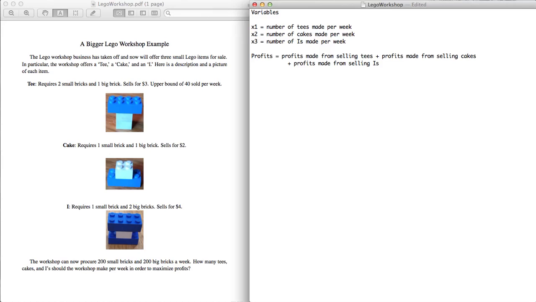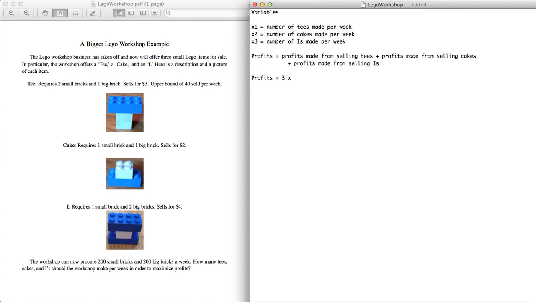Because now, if we look at our decision variables and the characteristics of the items that we're selling, we can very easily determine the profits made from selling T's in a particular week. So our profits mathematically are, I make $3 per T, so it's 3 times the number of T's I make, and I've defined mathematically that x1 is the number of T's I make per week.